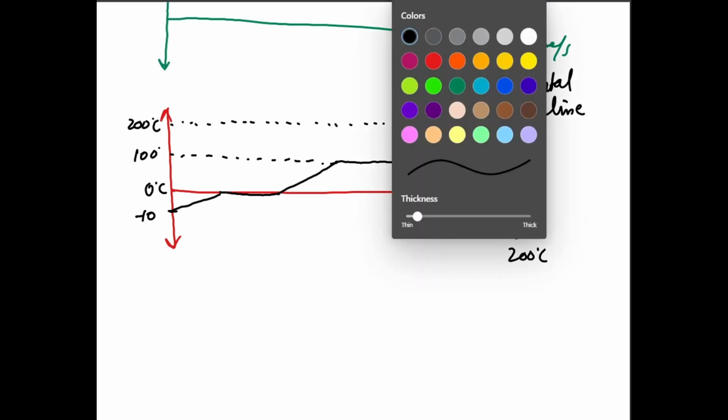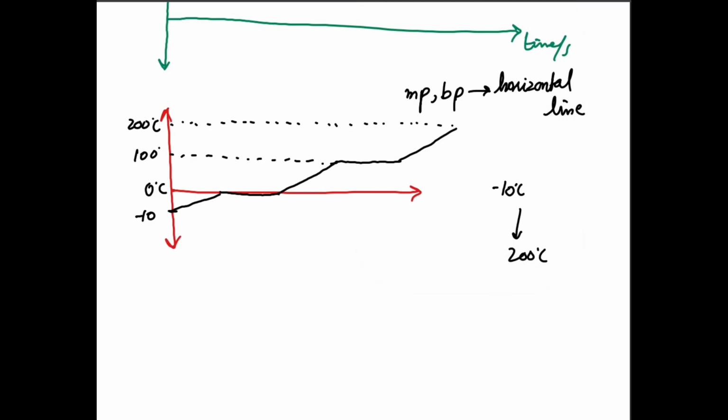Now let's write down the respective changes in states, their respective situations and formulas. If we had to find out the total energy, how would we have done that? Over here it's a solid, over here a solid plus liquid, over here a liquid, over here a liquid plus gas, and over here a gas.